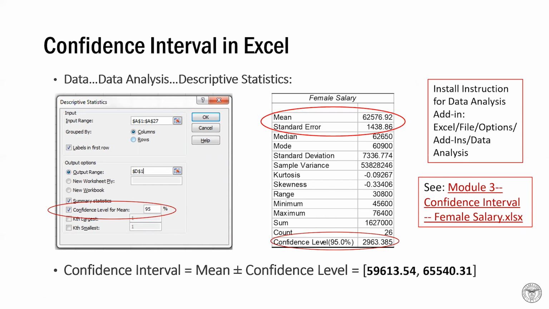Then you can run the procedure by going to Data, Data Analysis, and Descriptive Statistics. In this Excel example, we are going to demonstrate how to get the descriptive statistics again, and based on the information compute the confidence interval.